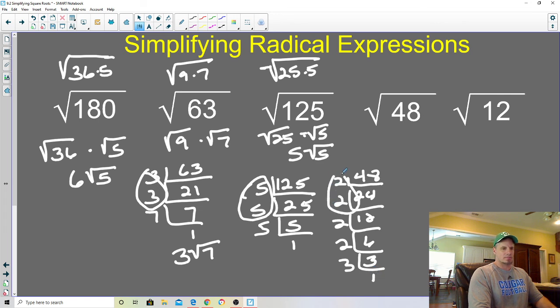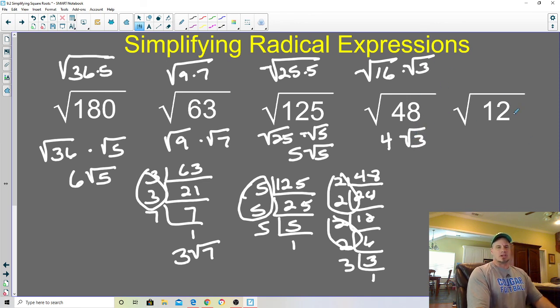So we got 2 pair of 2's, which we're going to multiply together, so we get 16. 16 times 3 is what we split this into. So the square root of 16 times the square root of 3. 16 is a perfect square. That gives me 4 square root 3. And I'm done.